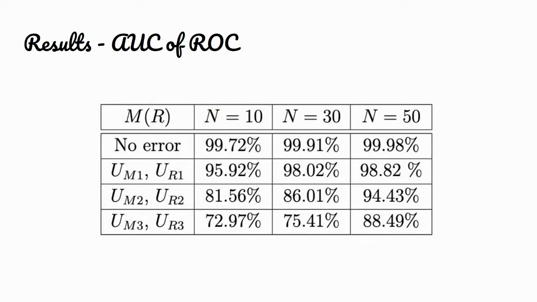We also studied in this project 3 different numbers of observations, because we were curious if, by increasing the number of observations, we could in principle improve, for example, AUC for a given uncertainty.